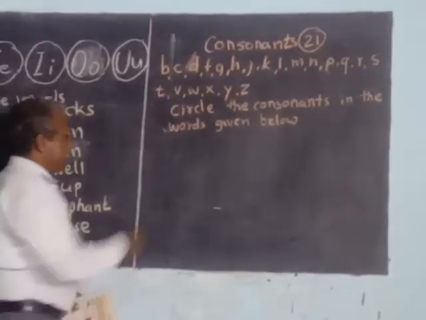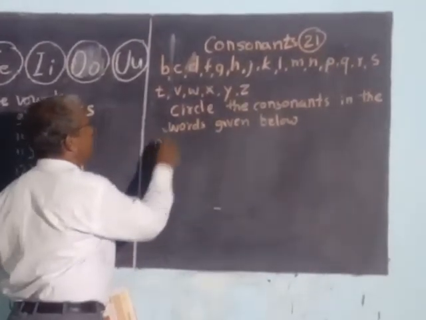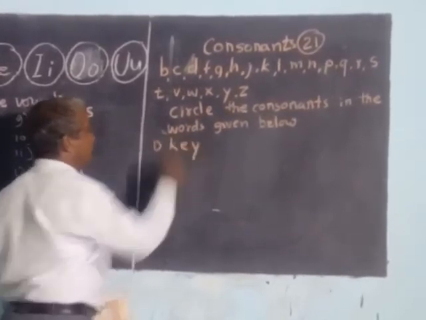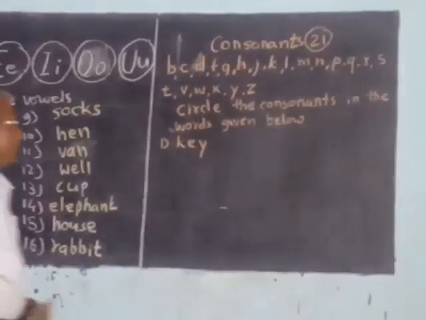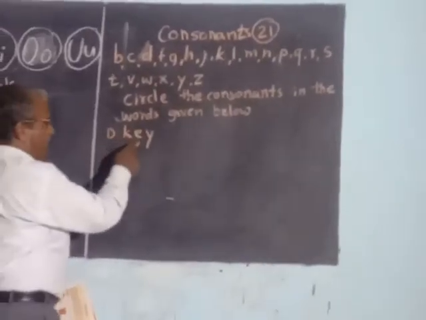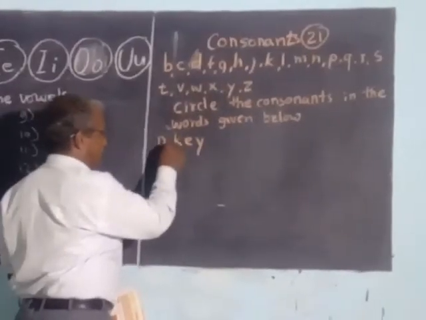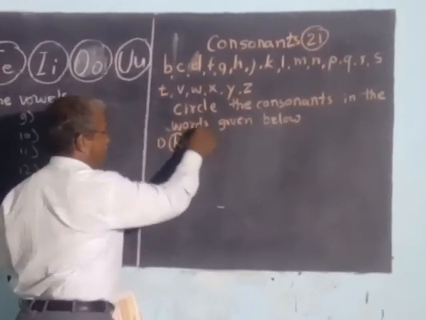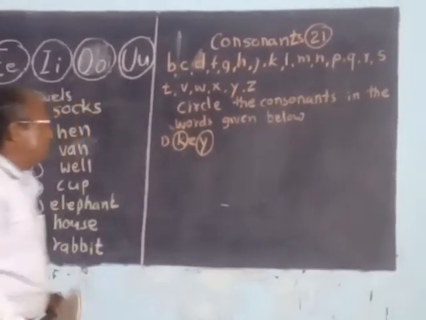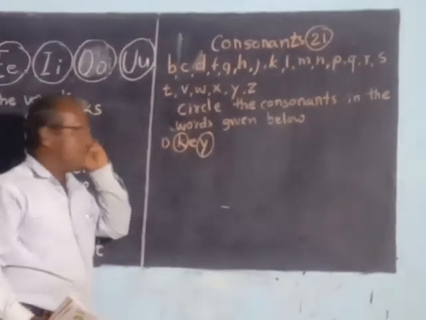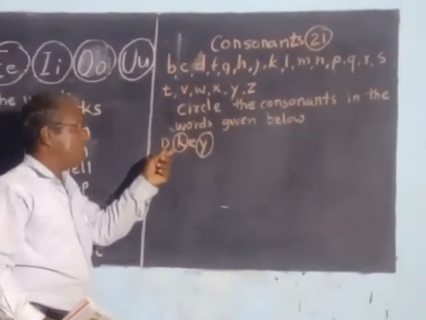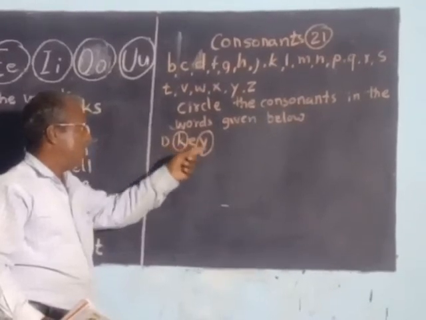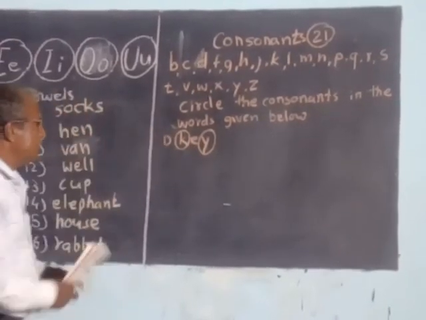Here are some examples. K-E-Y. In the word key, there are two consonants, K and Y. E is a vowel. E is not to be circled. Only consonants are to be circled. K and Y, circle these two letters.